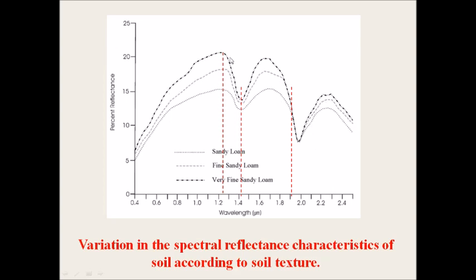So this spectral signature will depend upon a lot of things, on the availability of the sunlight on the surface of the reflecting object, but the pattern remains the same.